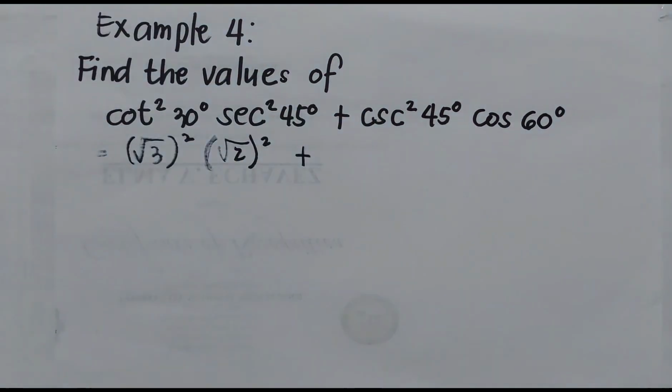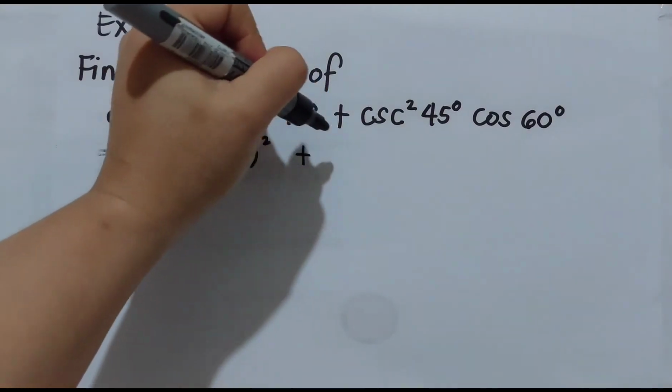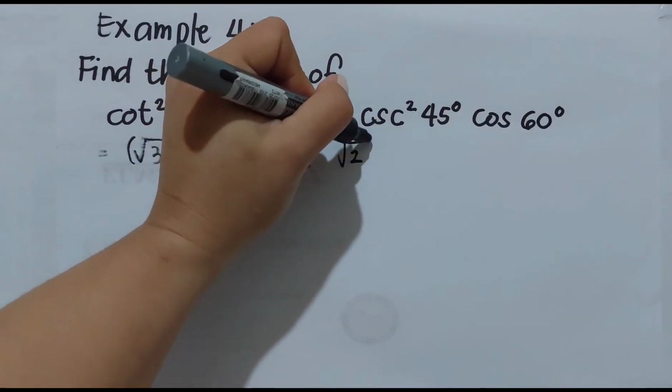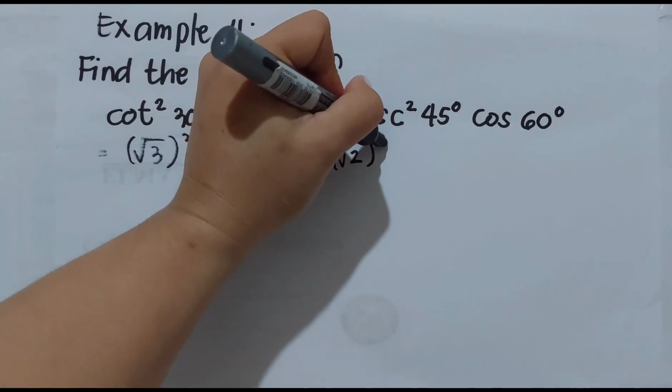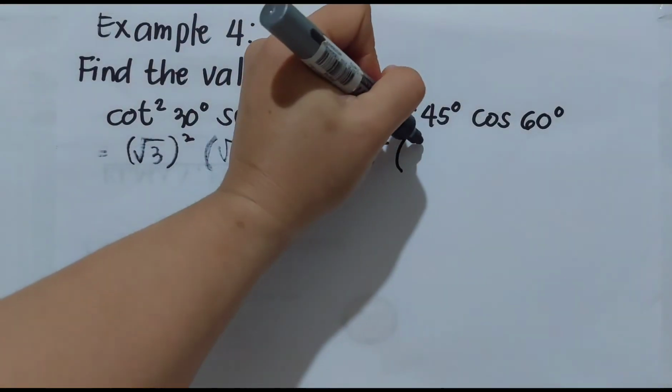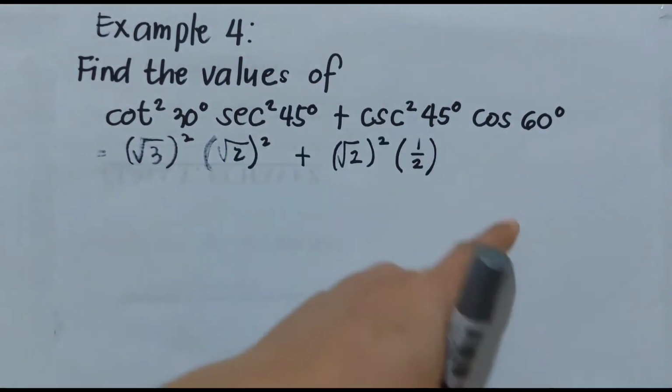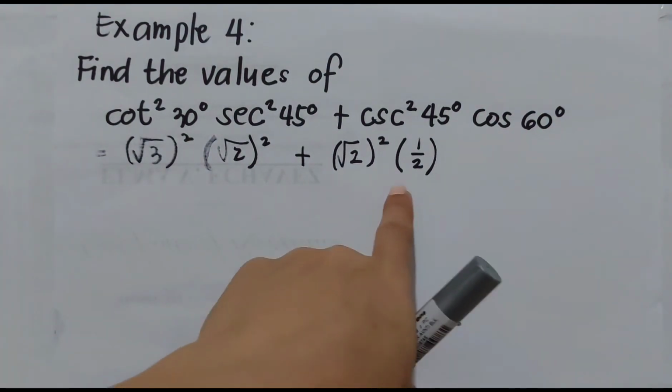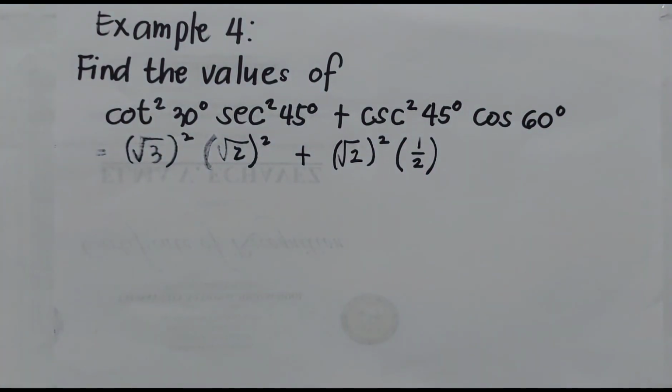Plus, the value of cosecant 45 degrees, that is square root of 2 gihapon, kaya naman siya square, times the value of cosine 60 degrees, that is 1/2. Wala man siya square sa cosine, so dili sa nato square ang 1/2.